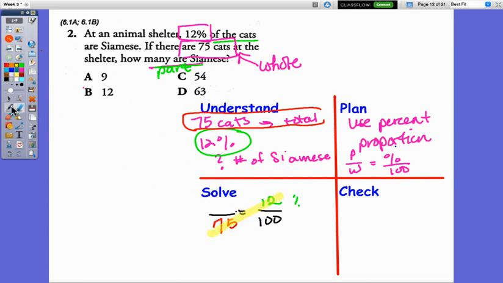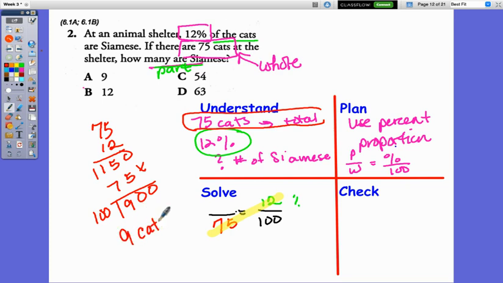We're going to multiply 75 times 12, which is 900. And I need to divide that by 100. Well, 900 divided by 100, that one's easy. I have 9 left. So I have 9 cats are Siamese.